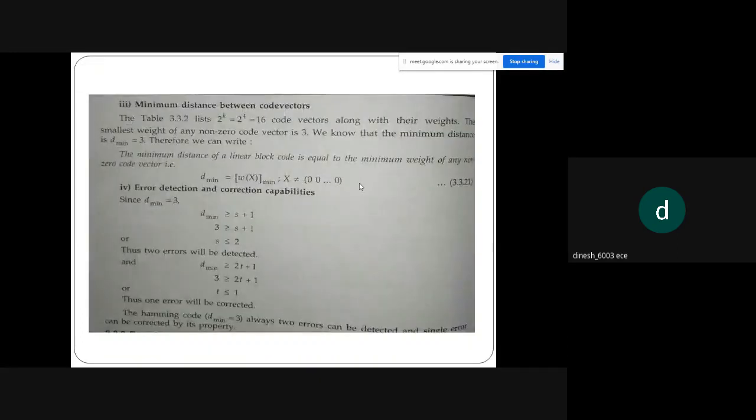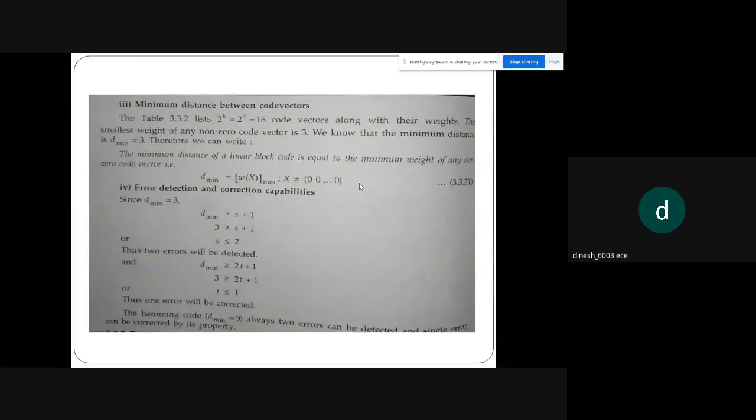So now let us go to the next step, that is to determine the minimum distance. Our third question is to determine the minimum distance between code vectors. How do we find the minimum distance between the code vectors?